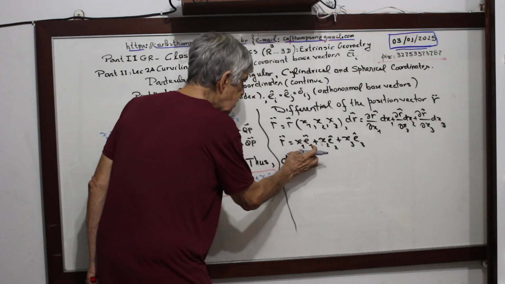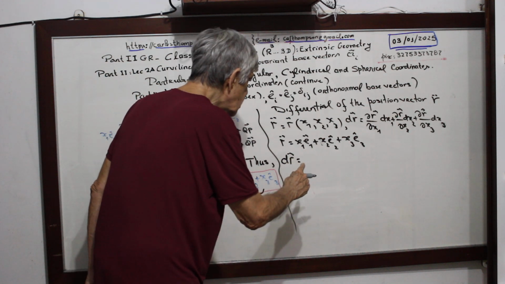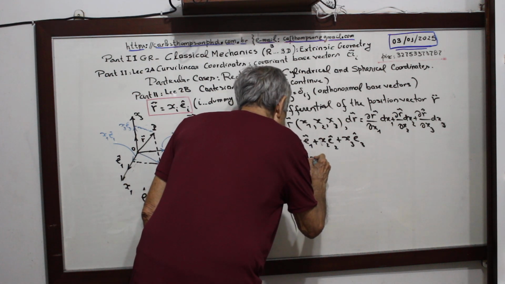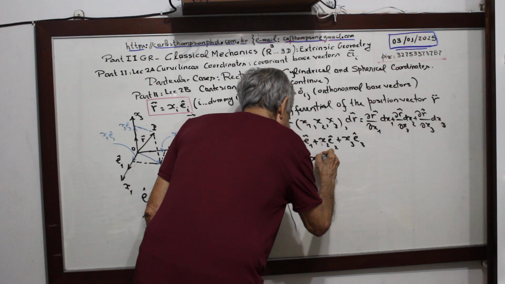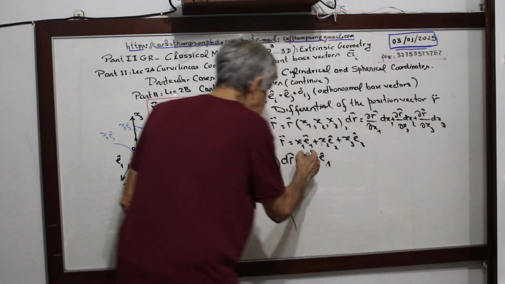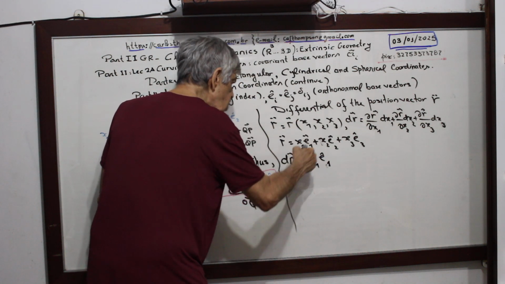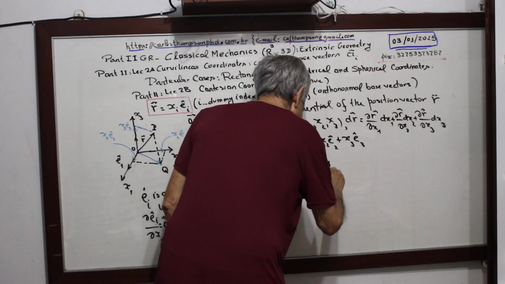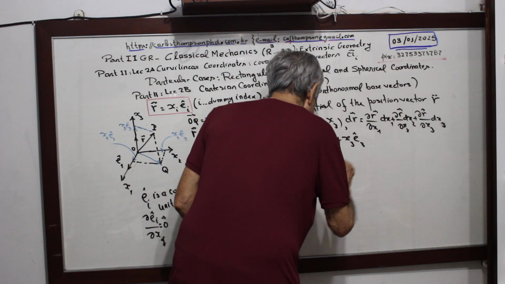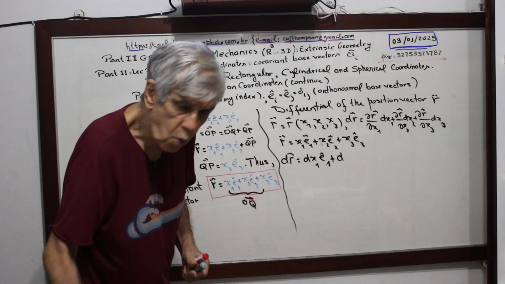This is a product, but e1 is constant. So I'll have e1 times dx1, because e1 is constant and the differential only reaches x1. I'll change the order.